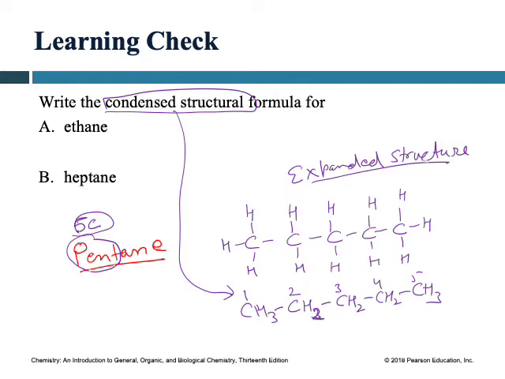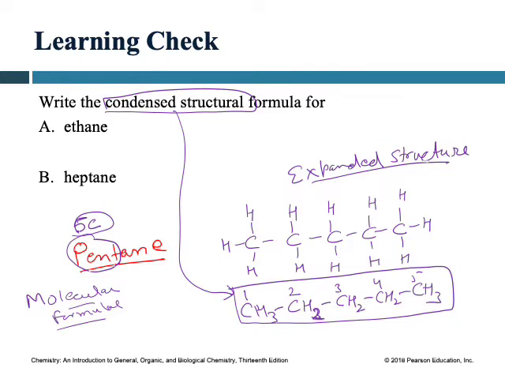If I ask you to write the molecular formula, what's the molecular formula for this compound? The molecular formula gives you how many carbon and hydrogen you have. So how many carbon do you have? You have 5 carbon.